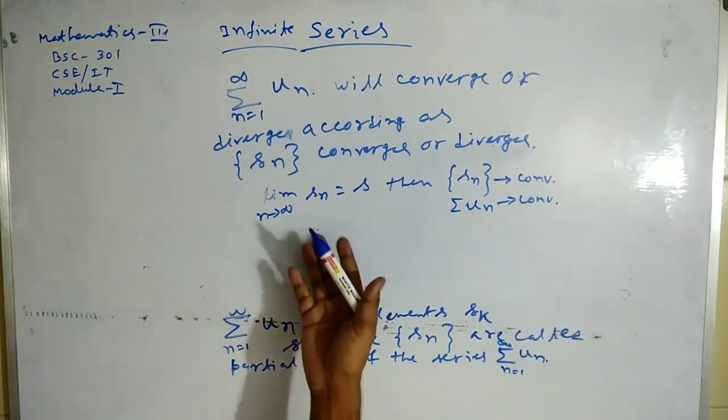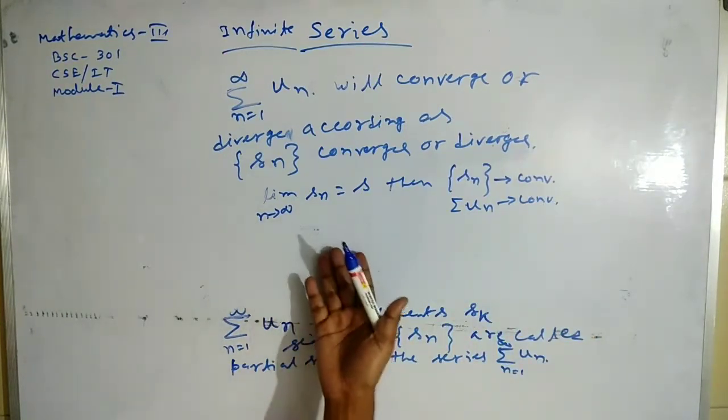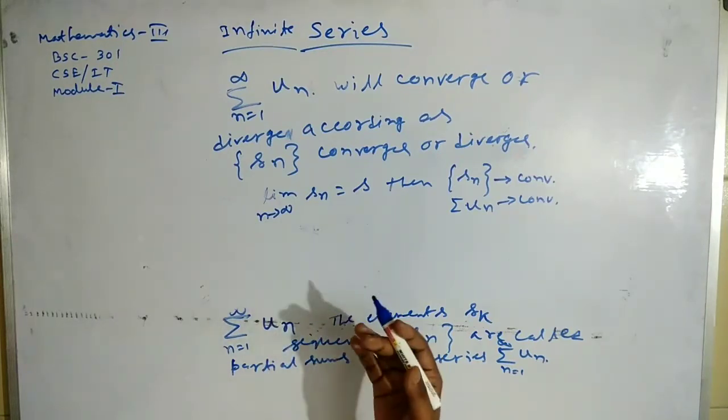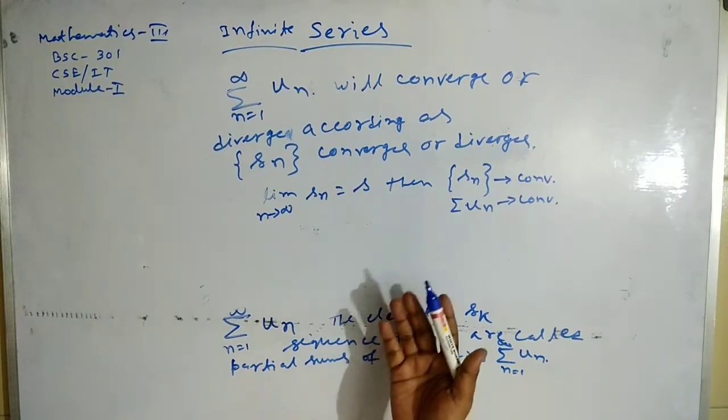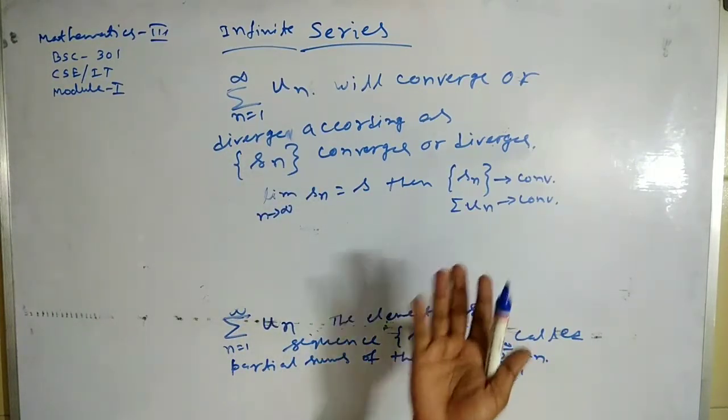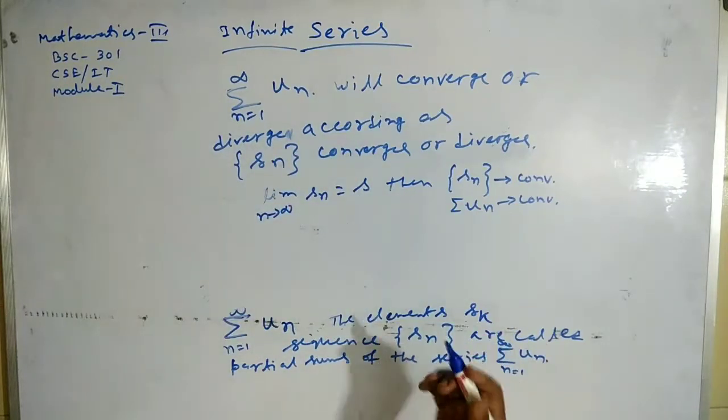And if this sequence is not convergent, that is, the limit n tends to infinity Sn is not a finite real number, then this sequence will be divergent, and hence this infinite series will be divergent.